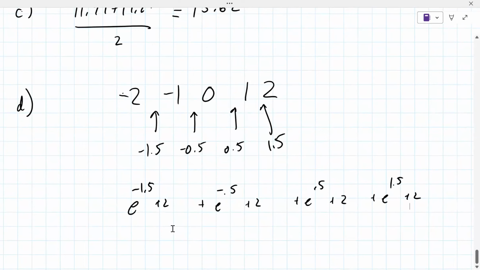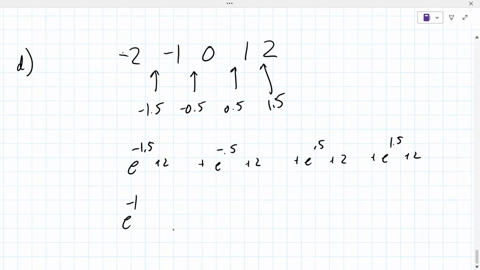You can again simplify that to e to the negative 1.5 plus e to the negative 0.5 plus e to the 0.5 plus e to the 1.5 plus 8. I get 10.48 when I'm all done.